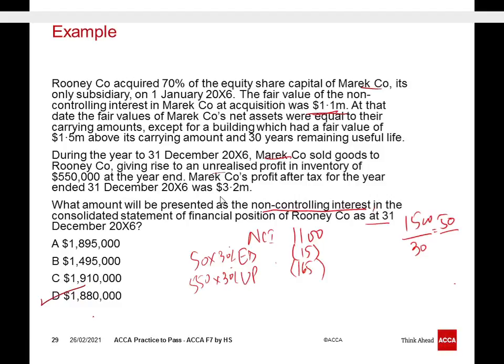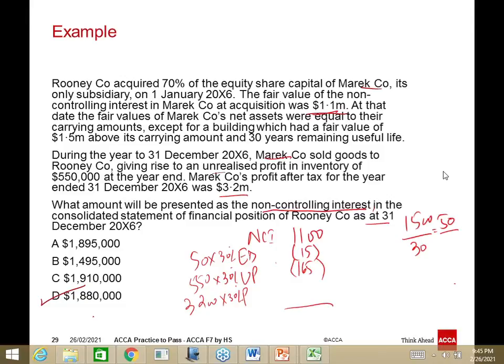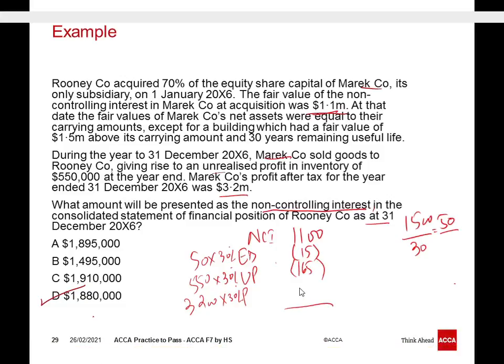The next item is the profit. The profit for the year is 3,200, and the share of the profit of NCI is 30%. So we will take 30% of 3,200. Can you calculate the figure? 3,200 into 30% is 960.